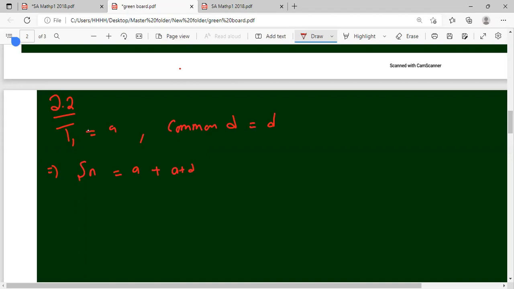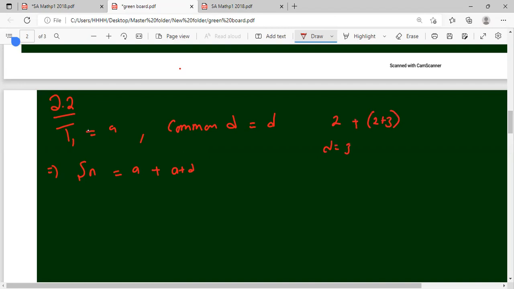For example, if I've got 2 and my common difference is 3, I'll say 2 plus 3, which will be 5.